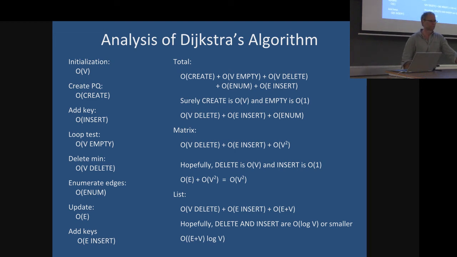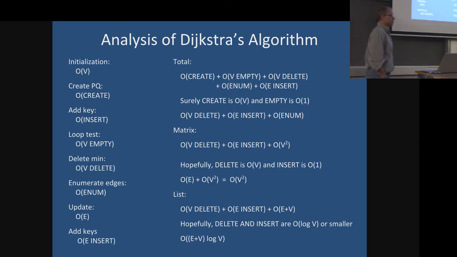Earlier you mentioned that if we could have a constant time for delete and insert, we could have a linear time comparison sort. But we know these are weights and they're probably integers. Does that mean we could use something like radix sort and speed it up? Right.